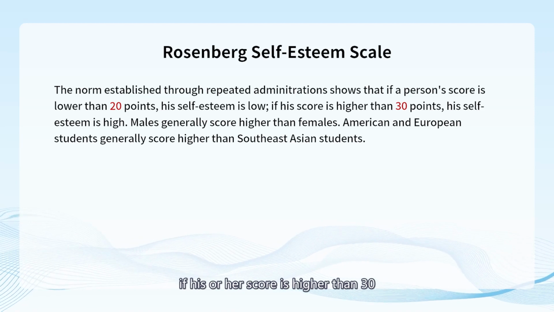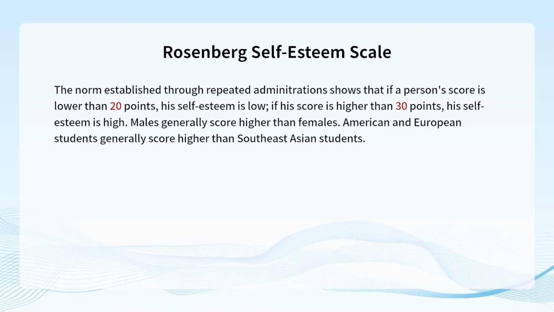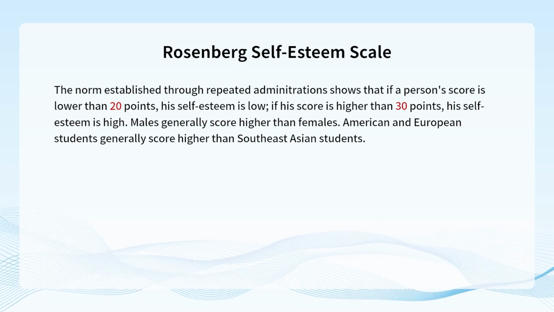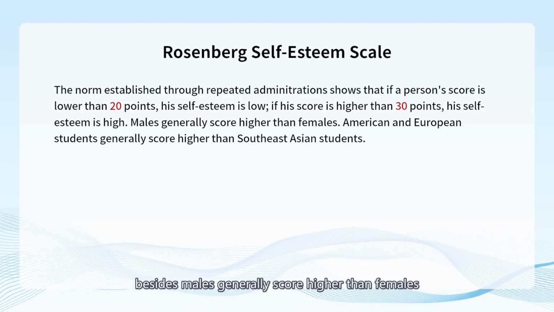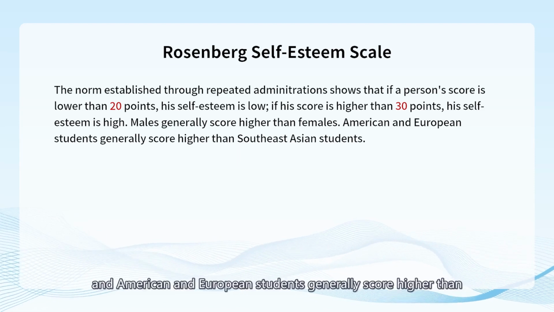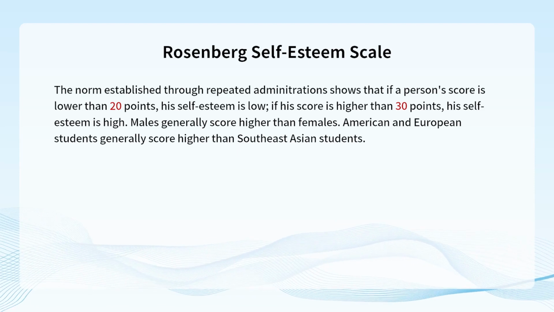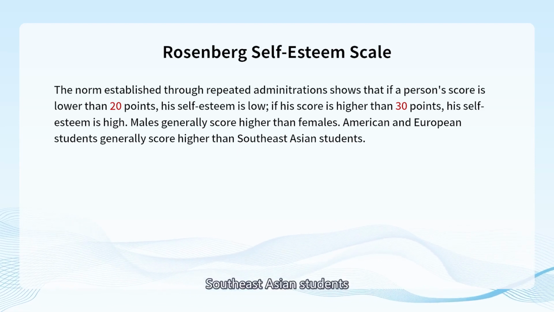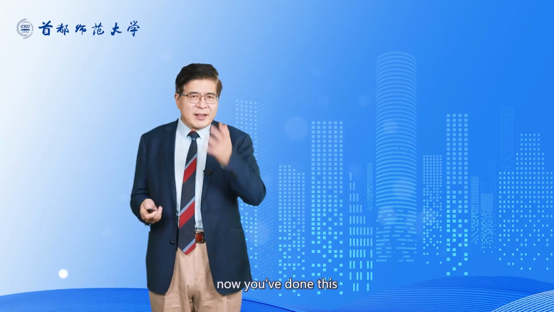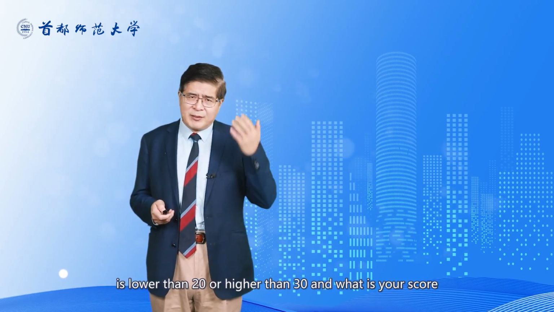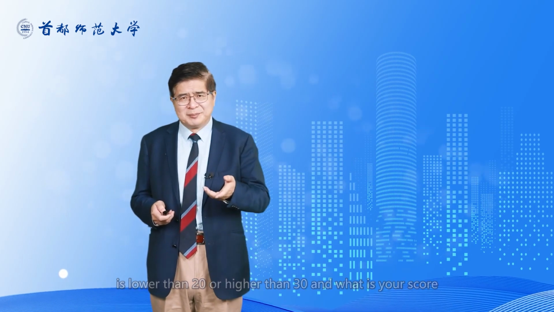If his or her score is higher than 30, his or her self-esteem is high. Besides, males generally score higher than females, and American and European students generally score higher than Southeast Asian students. Now you've done this. I want you to tell me your score. Is it lower than 20 or higher than 30? And what is your score?